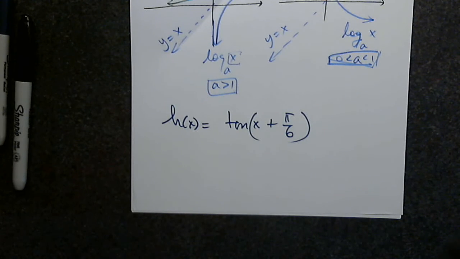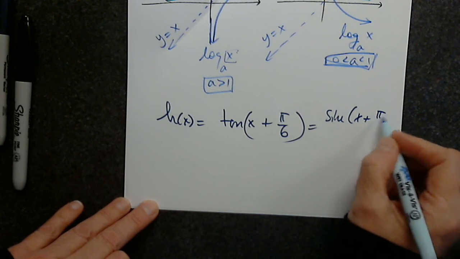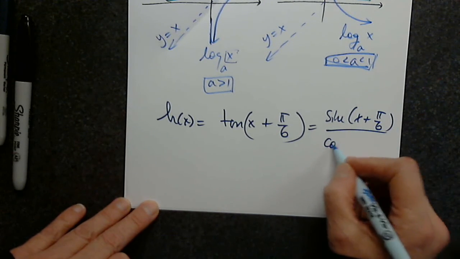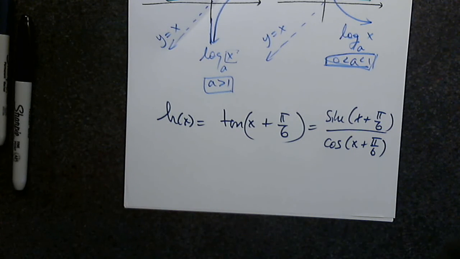Okay, so we know that tangent is sine of x plus pi over 6 over cosine of x plus pi over 6. We know that, right? Tangent is sine over cosine. So what could be the problem with this function? What potential situation may I encounter?